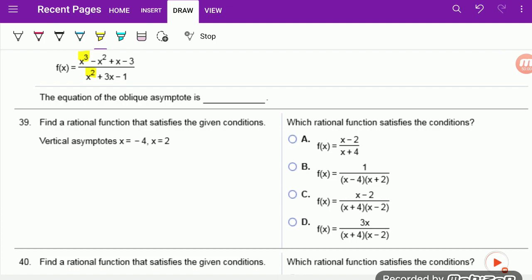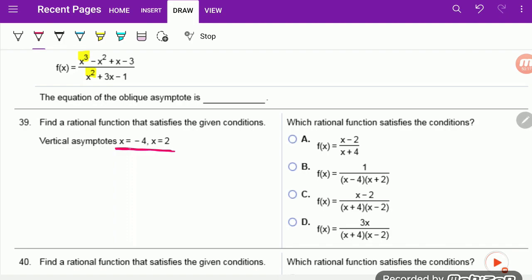Find the rational function that satisfies the given conditions. We have vertical asymptotes at x equals -4 and x equals 2. So which one of these is going to be a candidate for the function?